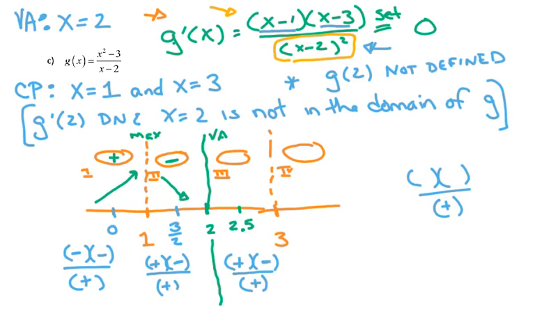The second factor, though, is negative, because 2.5 minus 3 is negative. So overall, my derivative is negative in here, and I am still decreasing. One more interval. Let's just plug in 4. Positive everywhere.